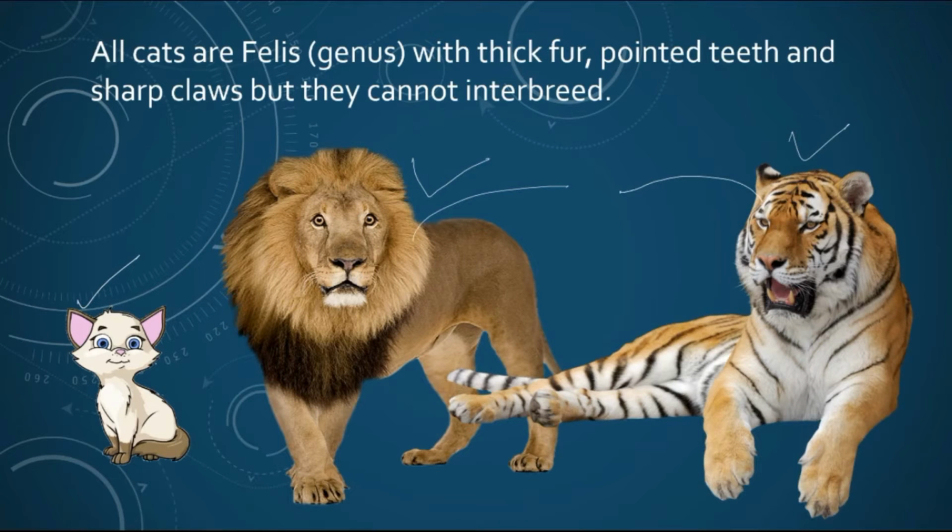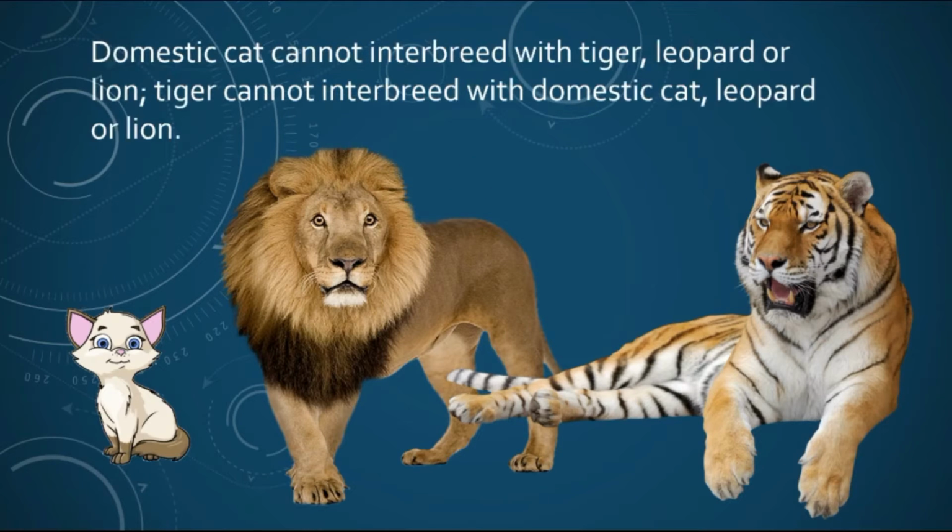They cannot interbreed. A domestic cat and the lion cannot interbreed and produce young ones. Therefore, we say that they are not from the same species. So, though they belong to the same family, the cat family, they cannot interbreed.